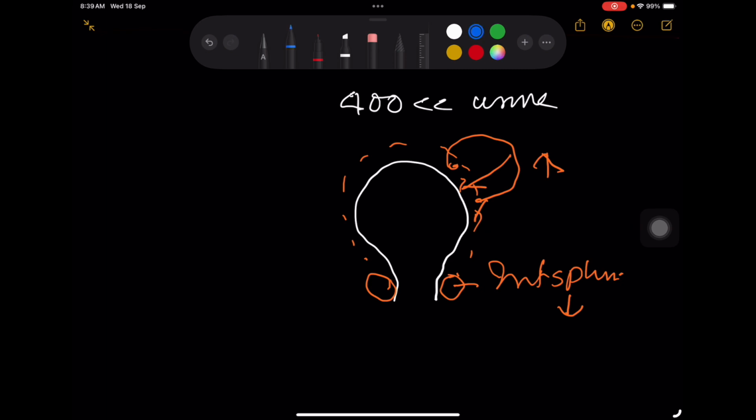And therefore, some urine trickles into the prostatic urethra. This is the prostate.